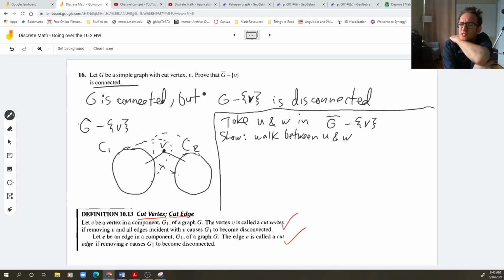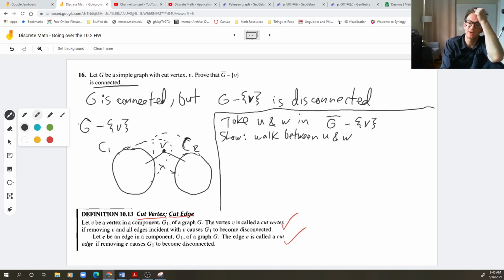Wait, I really do feel like this is a one-line proof where I can use the previous thing, right? Oh, I see. So, yeah, this would be the long way: show that there's a walk between U and W. I don't want to do all this logic again, because it would involve the two cases, right? Is it true that U and W are in the same component of G?